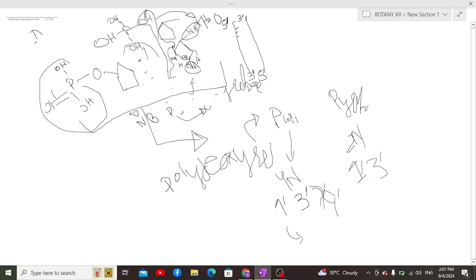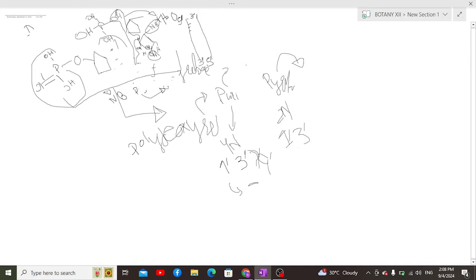Purines are basically having a pyrimidine ring, which is a six carbon ring. Overall, purine is a nine membered structure, and pyrimidine is a six membered structure.